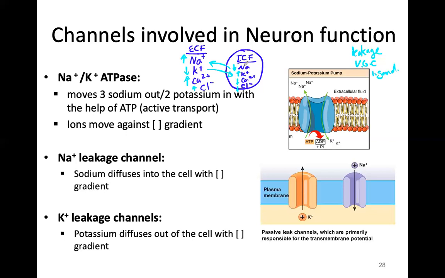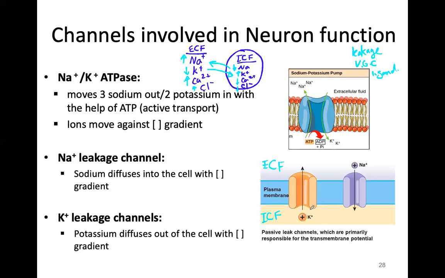Now, again, when we're talking about leakage channels, both sodium leakage and potassium leakage, ions are going to be moving from high concentration to low concentration, which means if you're looking at this scenario, this is your ECF or outside, and this is your ICF.